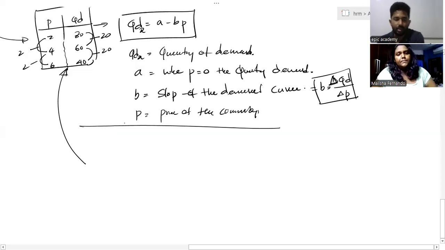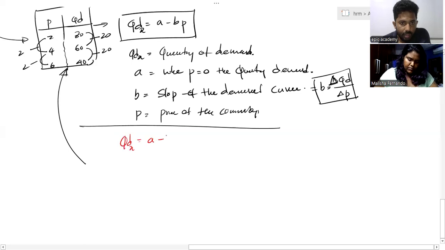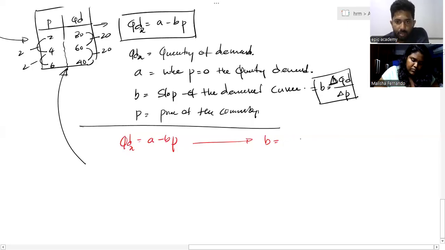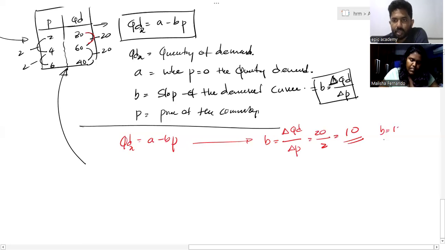Right? Okay. And now this is the equation: QDX equal A minus BP. First of all, we have to calculate the value for B. Do not worry about the other things. Just calculate the B. B mean delta QD divided by delta P. We know that the value for the delta is just 20 for the QD. 20 divided by 2. So 10 is the amount related to the B. So now we have identified the B value is just 10.